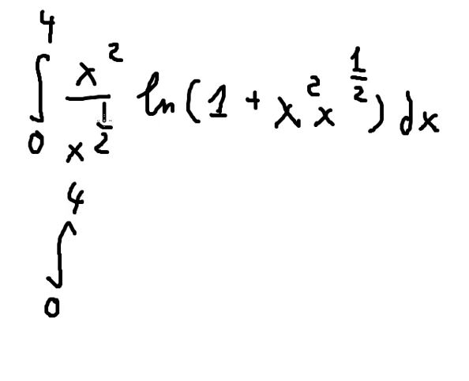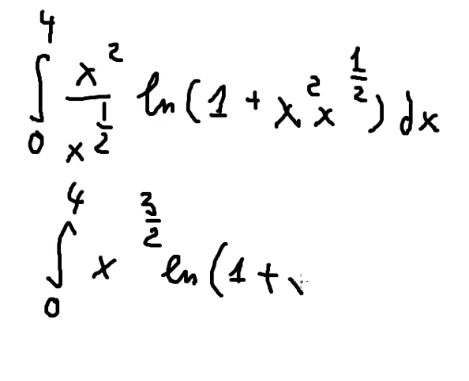So 2 minus 1/2 is x to the power of 3/2. This one becomes x to the power of 5/2.